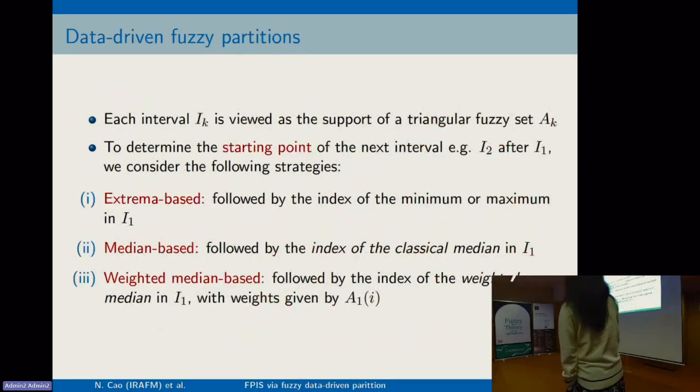Once we define the interval, we simply construct a triangle fuzzy set with a node at one of the middle points. This is the simple way. And once we determine, for example, the first interval, how do we start the second interval, which point do we start from?